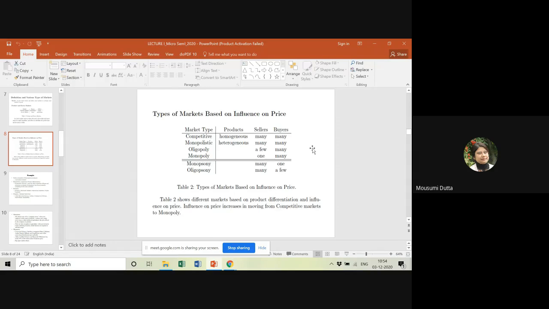It is oligopolistic in the case of newspapers too, and in the case of different production houses too. So there are few sellers, however, many buyers. Buyers are always many, crores and crores of people.